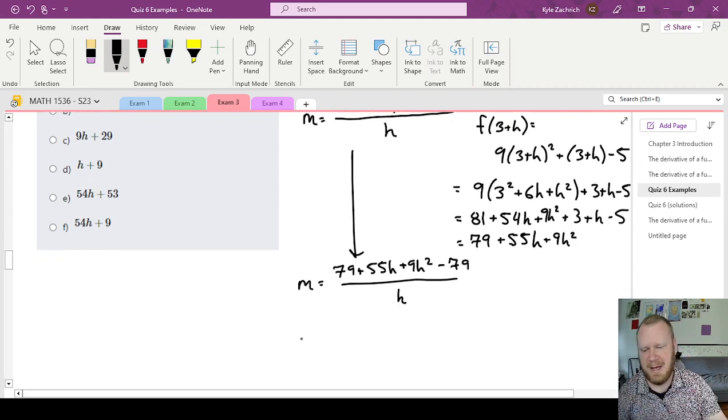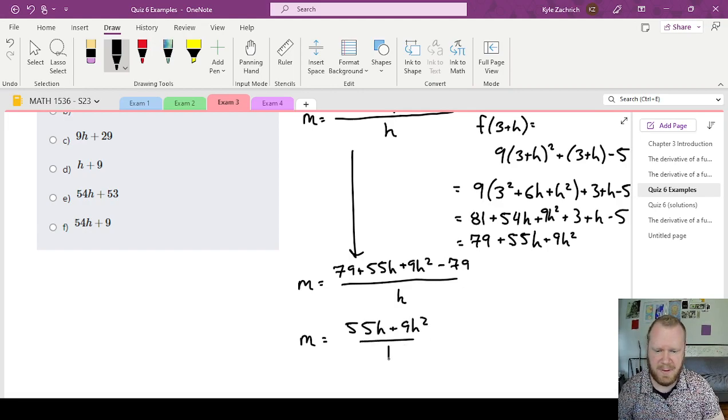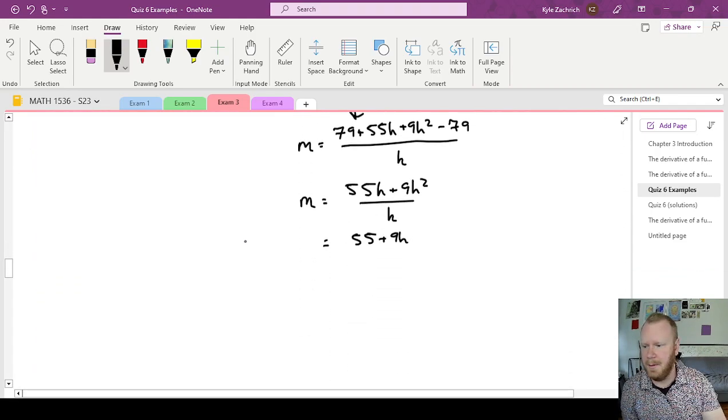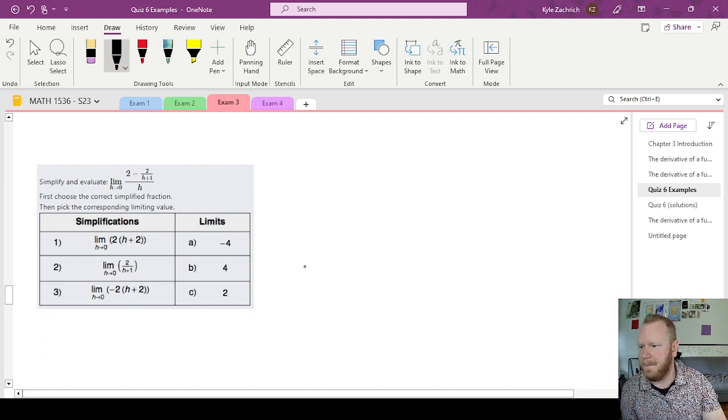The 79s cancel out, so we are left with 55h plus 9h squared divided by h, which is equal to 55 plus 9h. That right there. Okay.